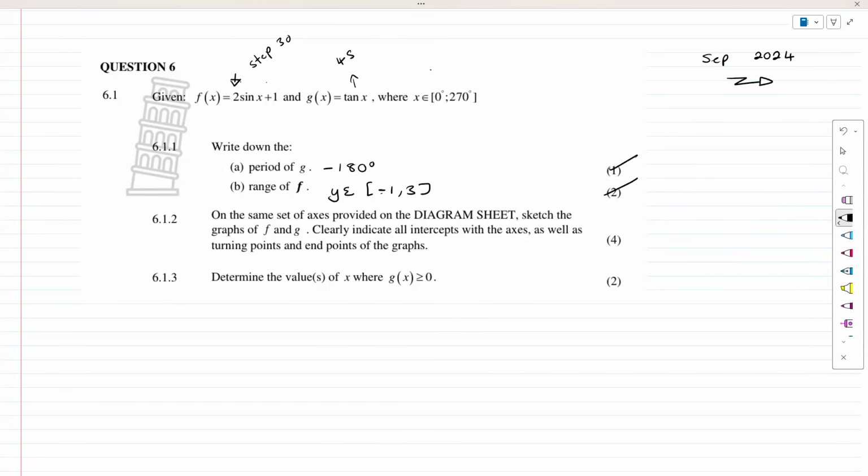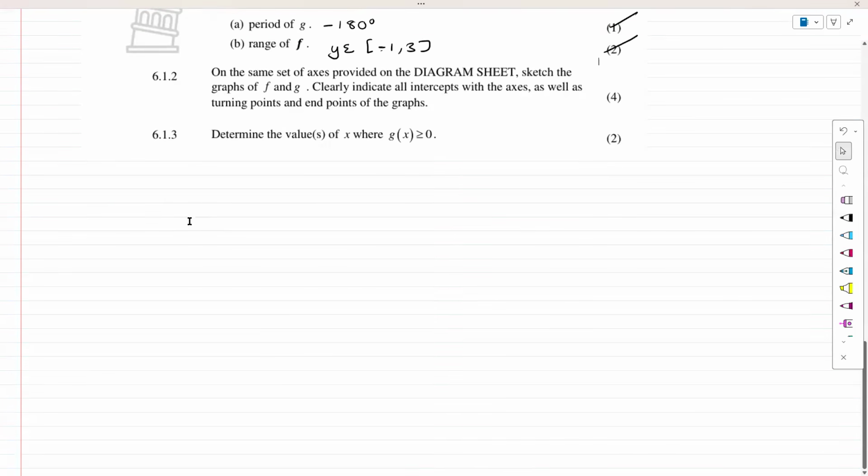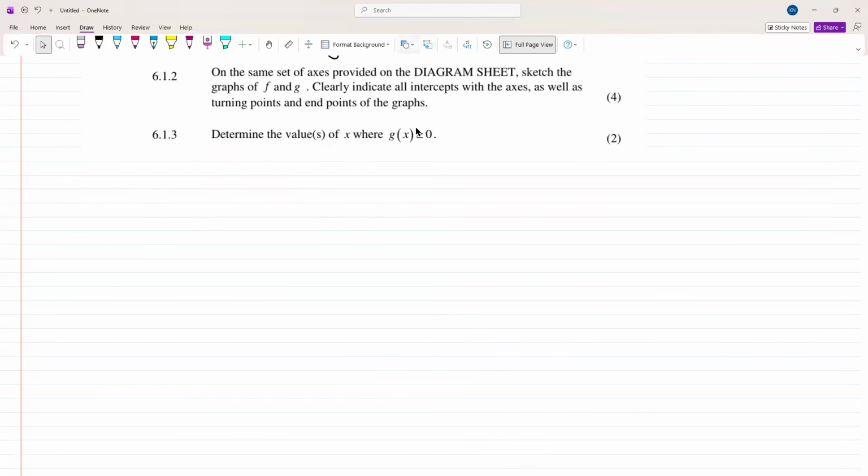On the same set of axes, they want us to draw this graph. Generally, I would draw it quite simply, but it's not going to be so easy with my tablet. But let's go for it.